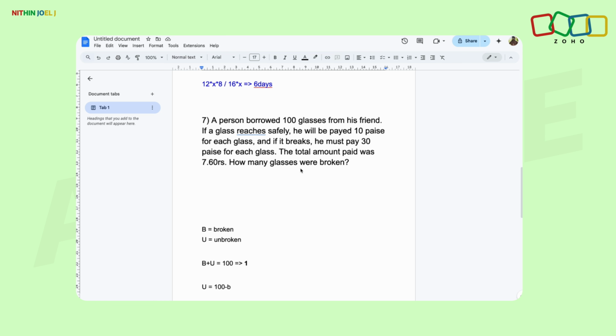So a person is borrowing 100 glasses from his friend. If he gives those glasses without breaking, which is unbroken glasses, he will get 10 paise for each glass. But if it breaks, he must pay 30 paise for those glasses. So now let's try to solve this.